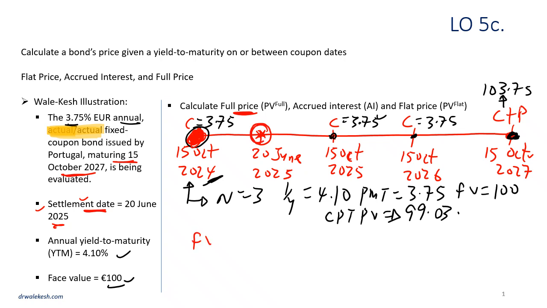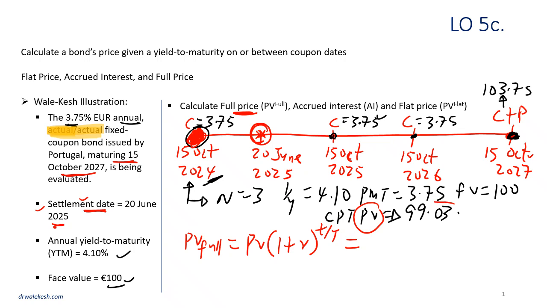So to compute the full price, the full price of the bond will be the PV that we've just computed times (1 plus R) raised to the power of small t divided by capital T. We have the PV already.